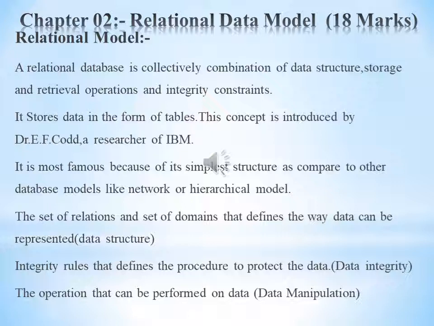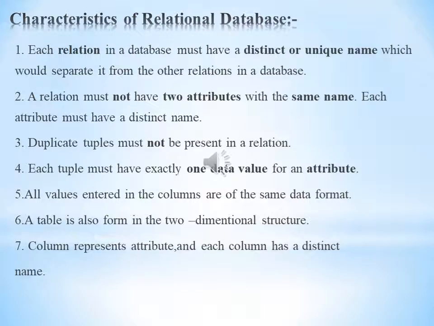It is most famous because of its simple structure as compared to other databases like the network or hierarchical models, which we learned in the previous lectures. It is a set of relations and a set of domains that defines the way data can be written.